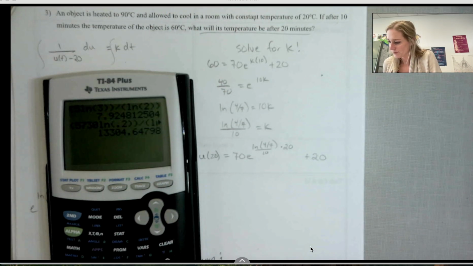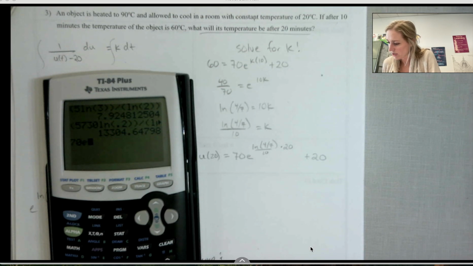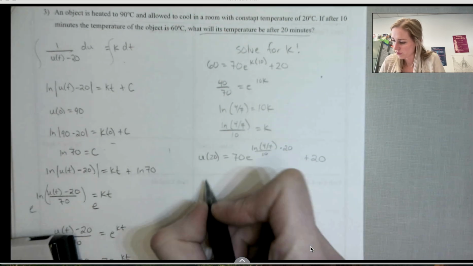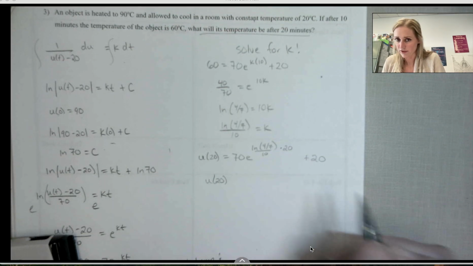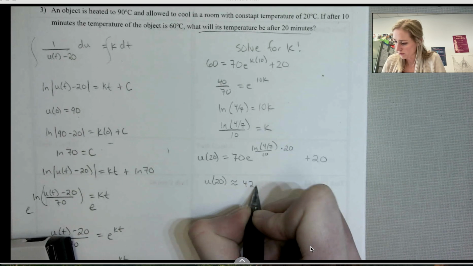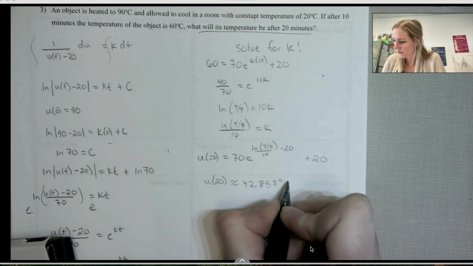So we've got 70 times e to the natural log of 4/7 divided by 10, and then times 20, plus 20. All right, so we get 42, and this is the temperature of the object after 20 minutes. So it's approximately 42.857 degrees Celsius.